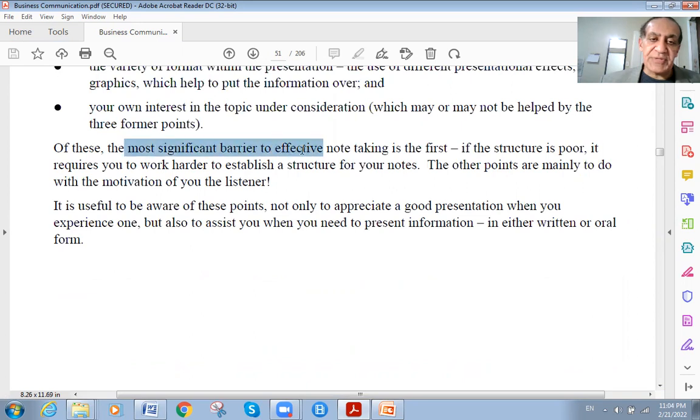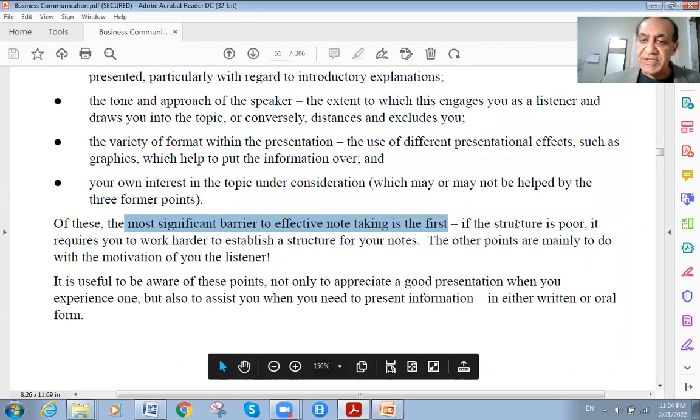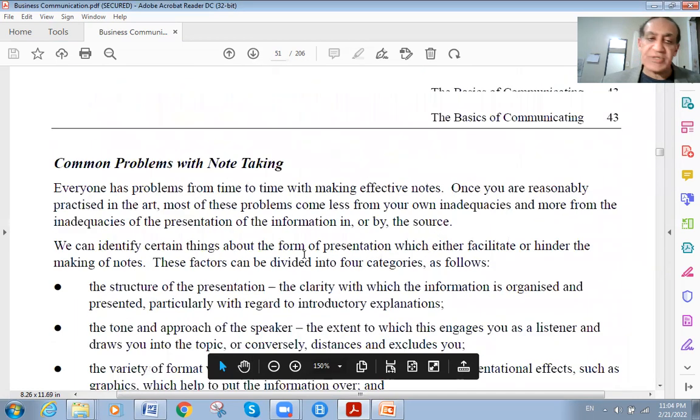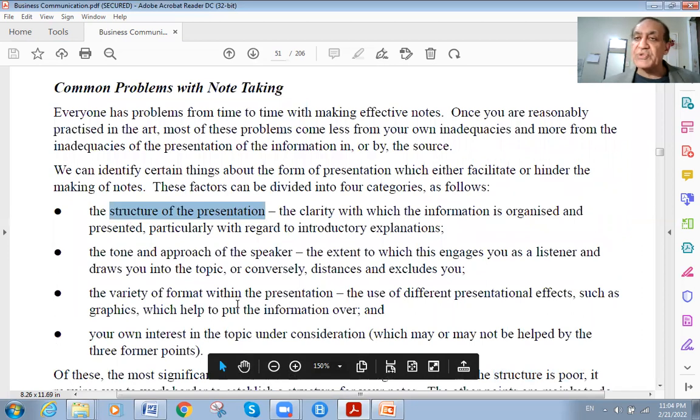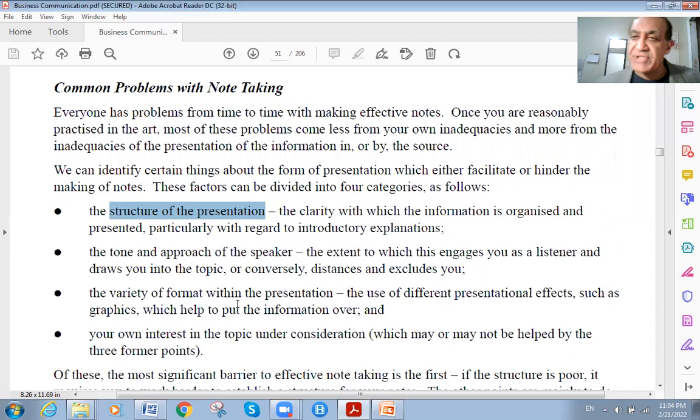The most important barrier for good note taking is the first point, which is poor structure. The structure of what? The structure of the presentation. If you are not interested in the lecture, then the notes we take will be very weak as well.